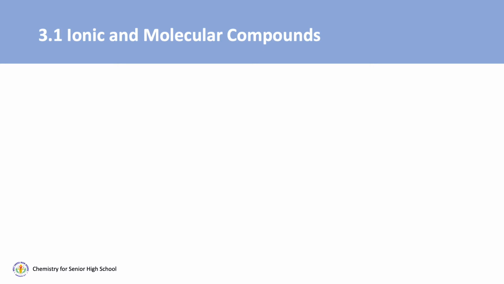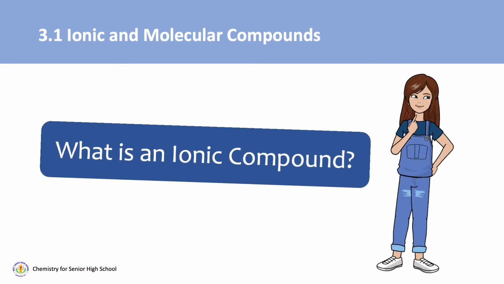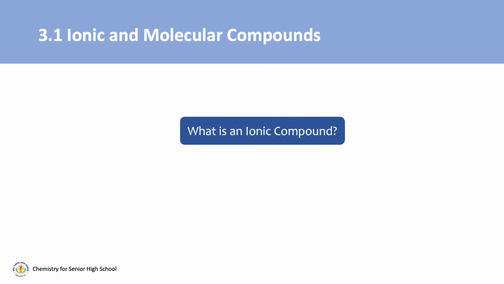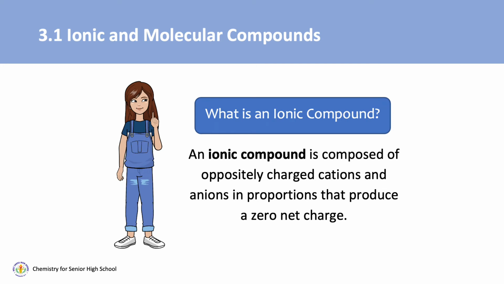Now that we have learned what ions and molecules are, we can move on to ionic and molecular compounds. Let's start off with ionic compounds. What is an ionic compound exactly? An ionic compound is composed of oppositely charged cations and anions in proportions that produce a zero net charge.